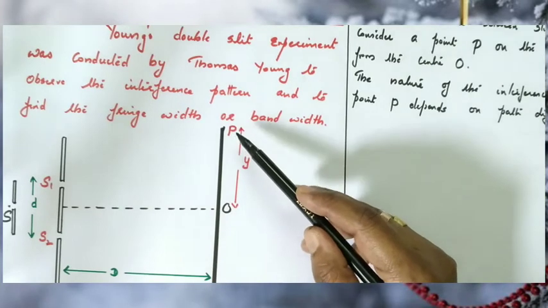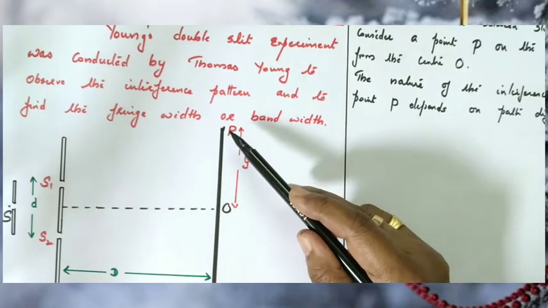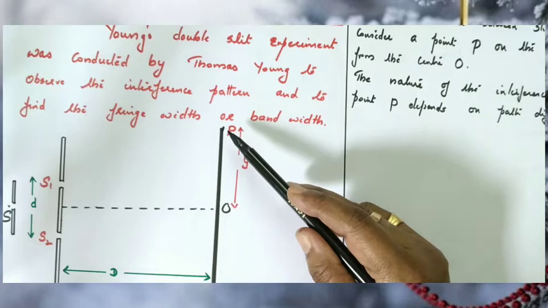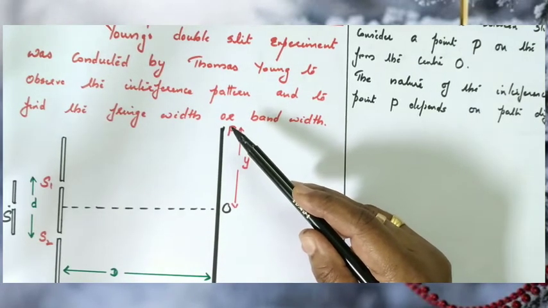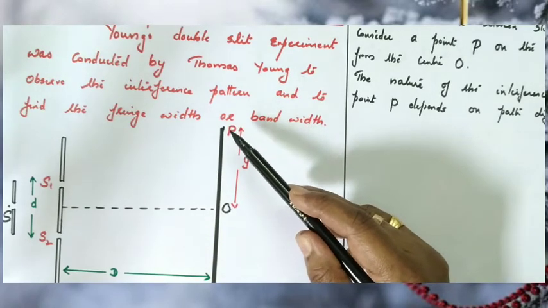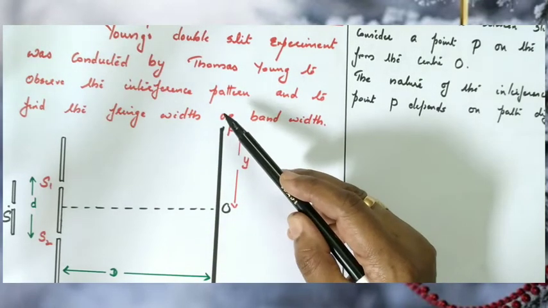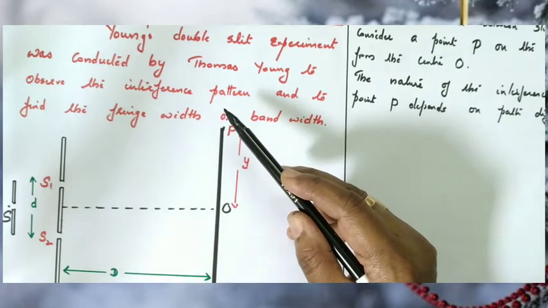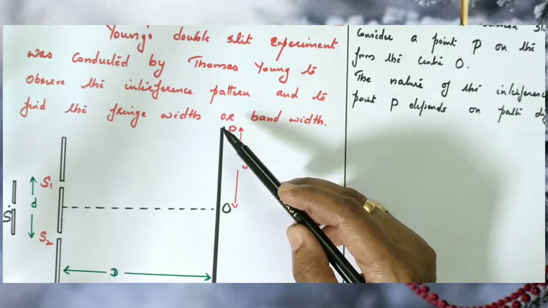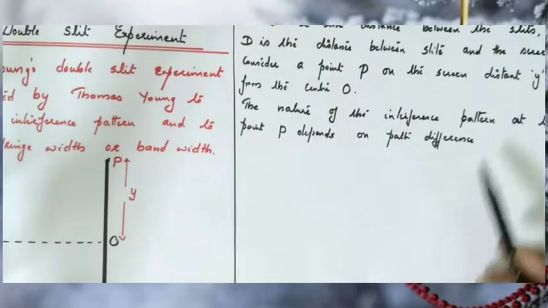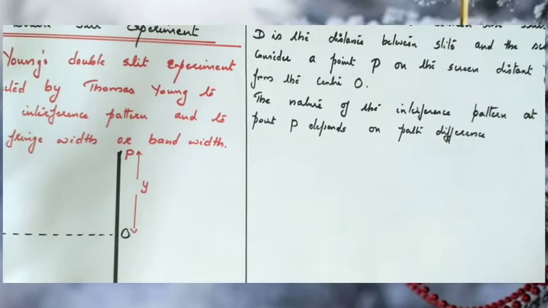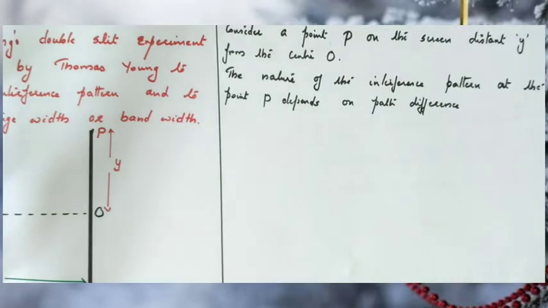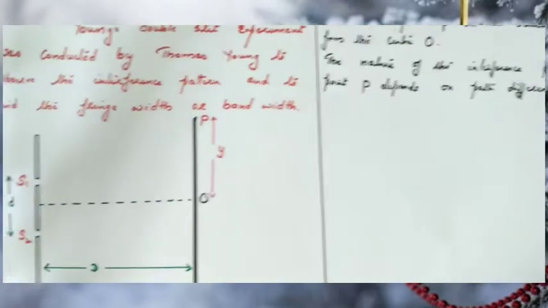The nature of the interference pattern at the point P depends on the path difference. We know that whether it is a bright band or a dark band depends on the path difference or phase difference. So the nature of the interference pattern at the point P depends on the path difference. Now, what is the path difference at the point P?